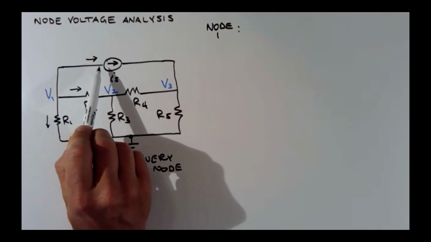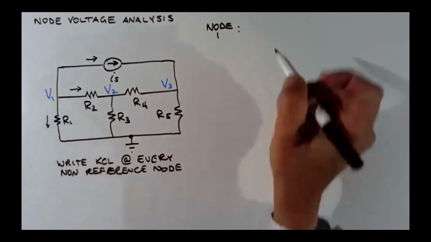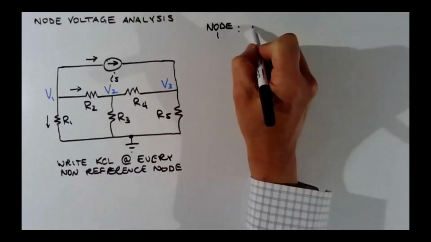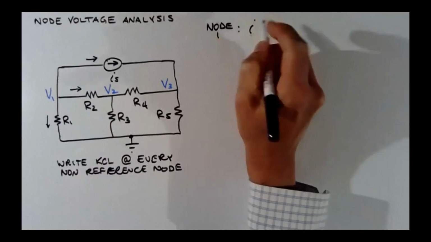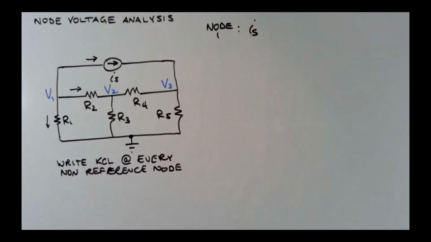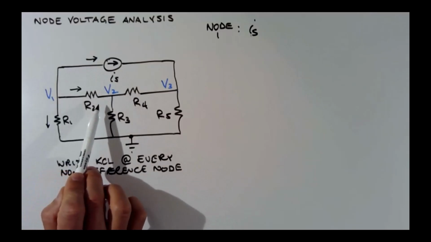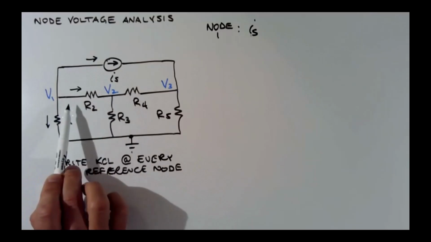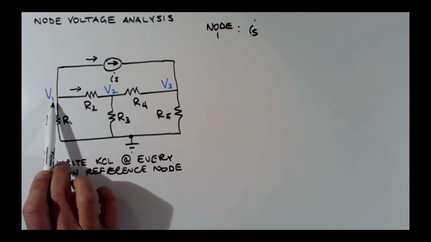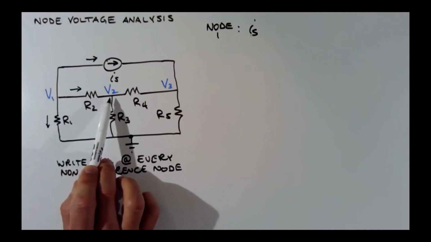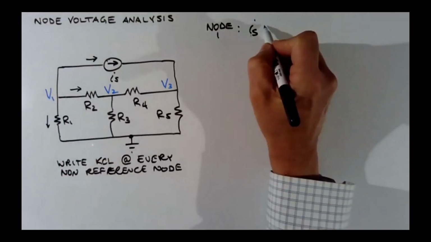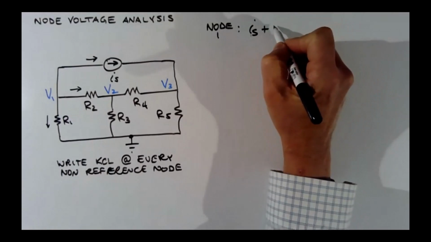The current leaving through the current source is Is, right? And so that's that current. The current leaving through R2 from V1 to V2, we just calculated that. It's V1 minus V2 over R2. So I'm going to add that in here.